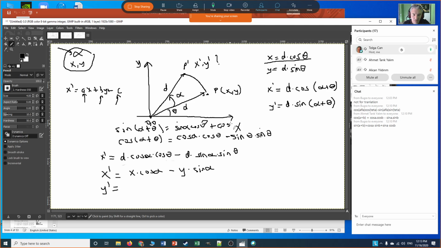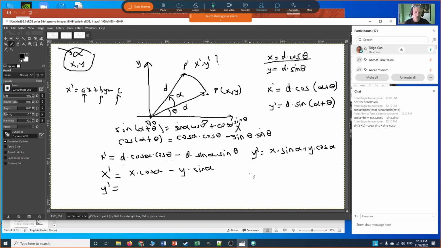If you just write the same thing here, this time for y prime, it's going to be x times sine alpha plus y times cos alpha. It should be something like this, if I'm not mistaken. So yeah, y prime is just written there.